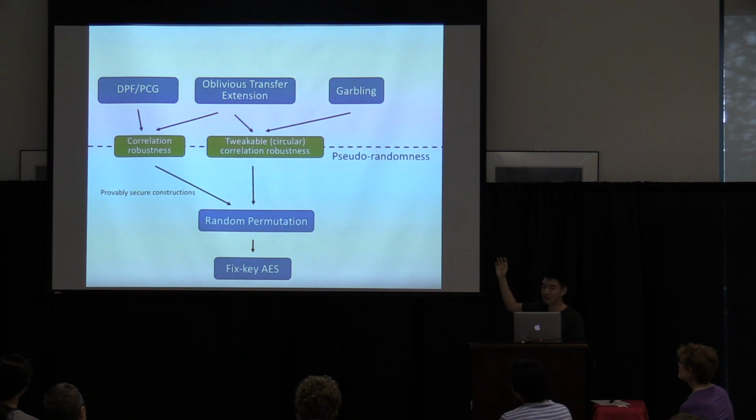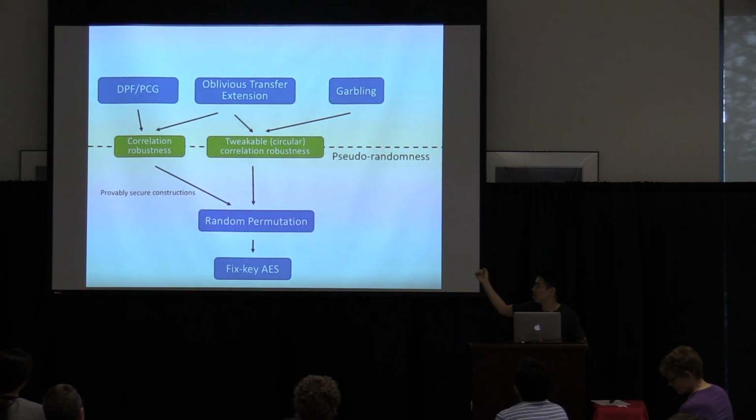All of them are really just pseudo-random objects, more or less along the line of standard assumptions. They are not any kind of idealized model. And then for the performance, we showed how, if we have a random permutation, to instantiate this pseudo-random object using a random permutation.